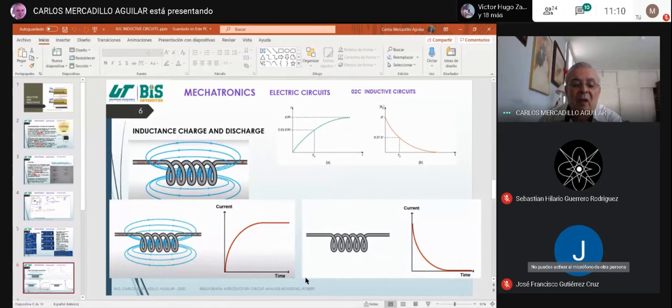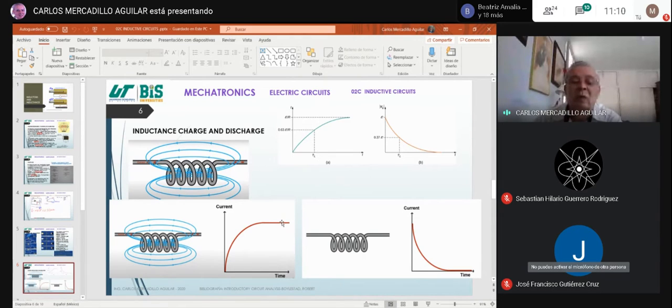Okay, so what happens? We know that the current in the coil is not instantly flowing, but is gradually growing, gradually increasing until it reaches its maximum value.